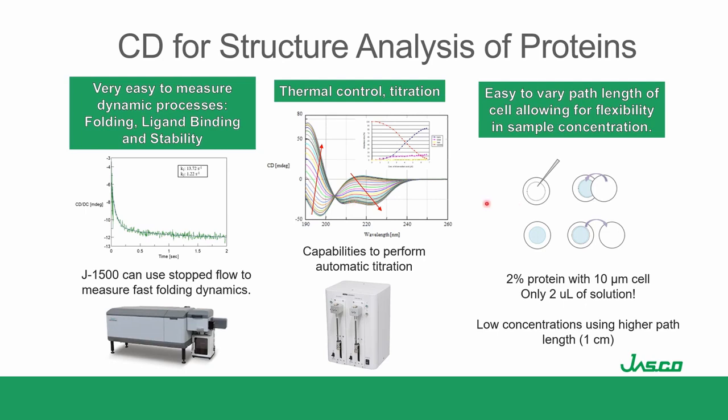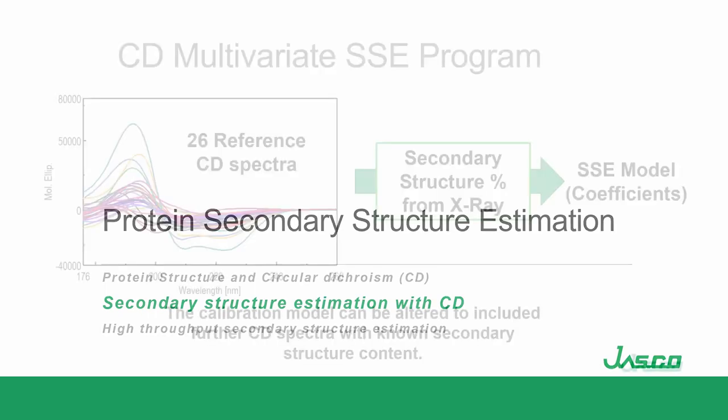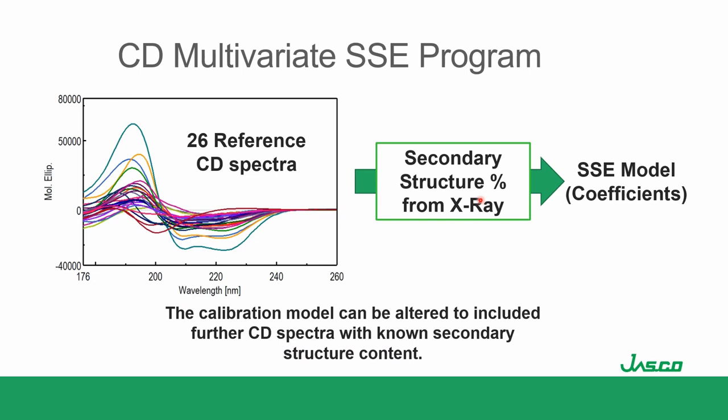So with that overview of circular dichroism from a secondary structure standpoint in general, I want to get into the specifics of how the estimation is handled, which is going to be fairly straightforward and simple because it's essentially identical to the process that Carlos has already outlined.